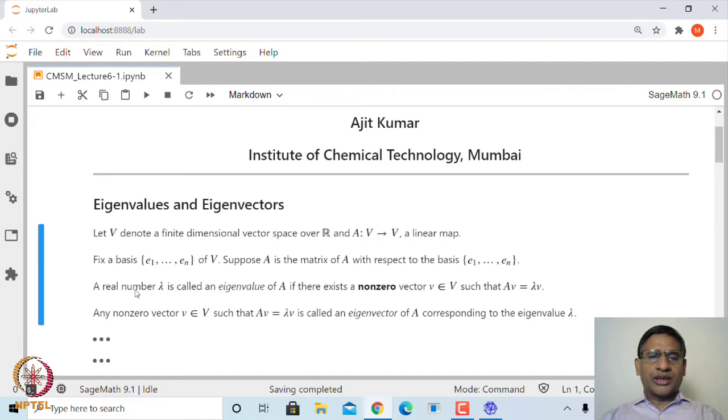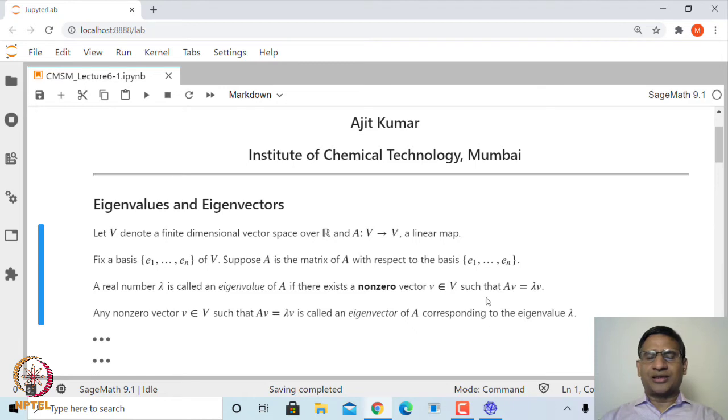Now, a real number lambda is called an eigenvalue of A if we can find a non-zero vector v such that A times v is lambda v. That is the definition. So, what we are saying is Av is parallel to v, but v should be non-zero, that is important, because if v is 0, A times 0 is always 0. So, 0 can be written as lambda times 0.